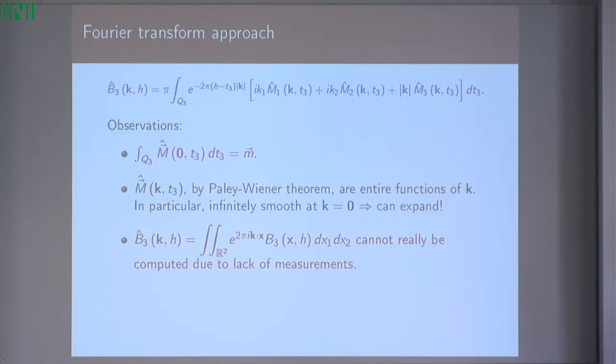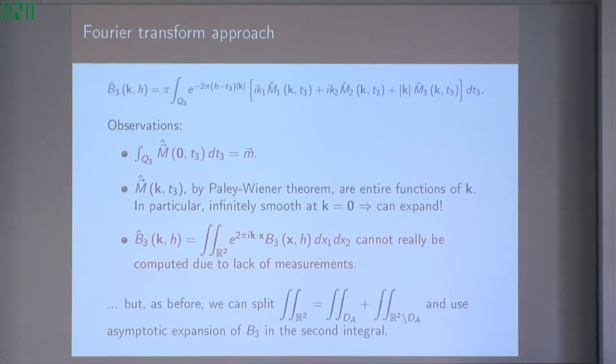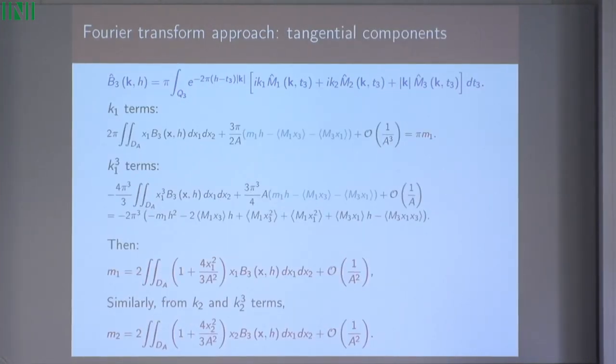But we can do again this trick that we used before: split into the part where we measure and a complementary part where we can use asymptotics. And in the asymptotic region, if we go to higher order terms, there will be more and more quantities related to the magnetization entering the story.